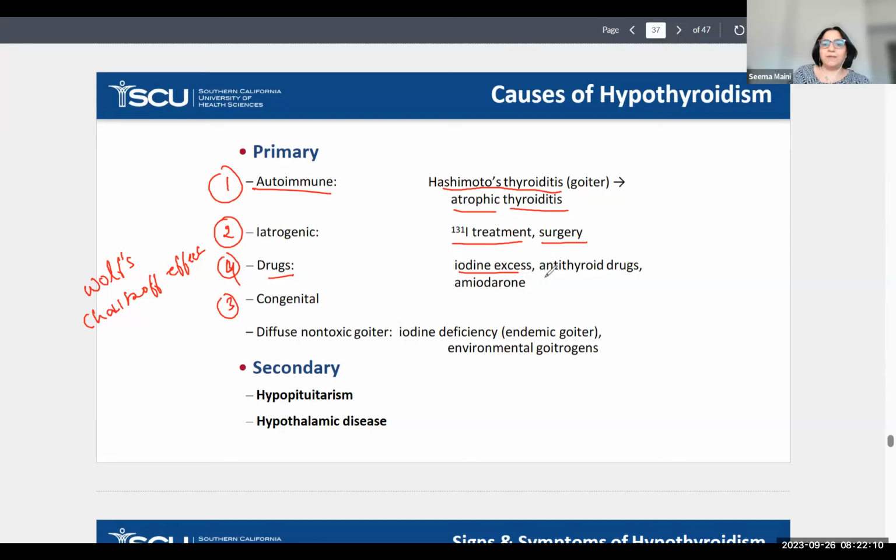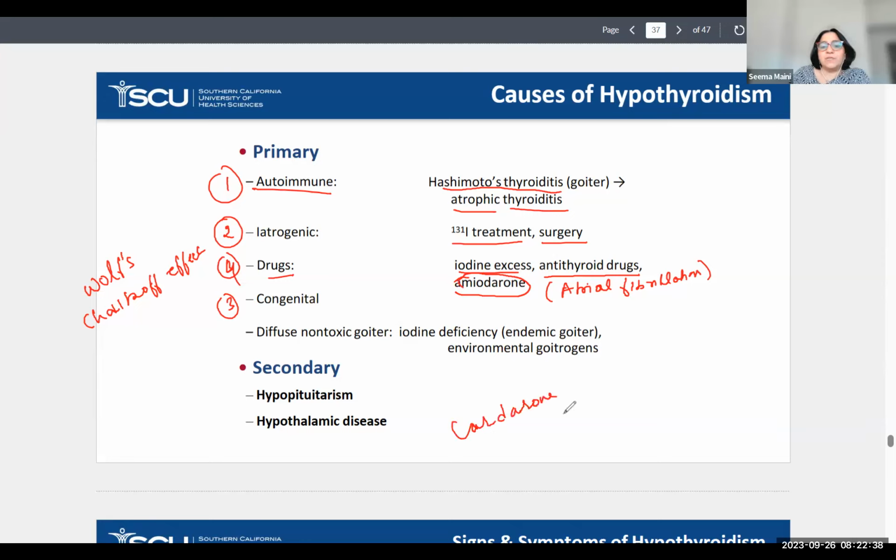Some anti-thyroid drugs, like if the patient is accidentally taking an overdose of anti-thyroid drugs, that doesn't usually happen, but yes. And there is this drug amiodarone, which is used for atrial fibrillation, that also causes hypothyroidism. So that means it's a very commonly used drug. Its trade name is Cordarone.